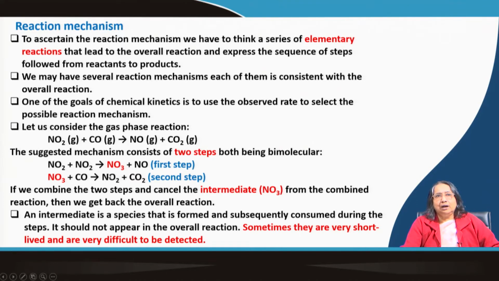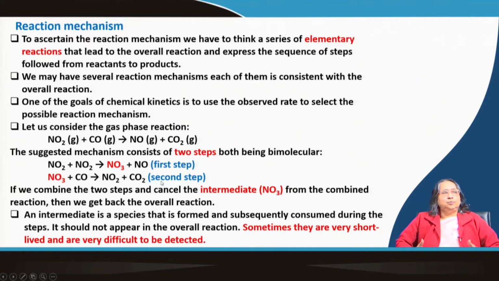Now, here only two steps are shown. Overall, by adding up, you should get back the actual reactants and products. If we combine the two steps and cancel the intermediate from the combined reaction, then we get back the overall reaction.